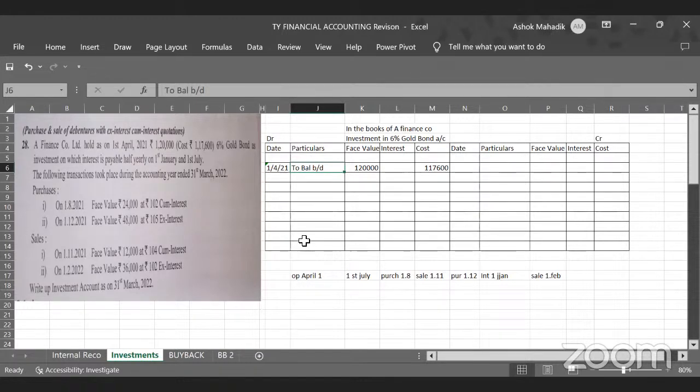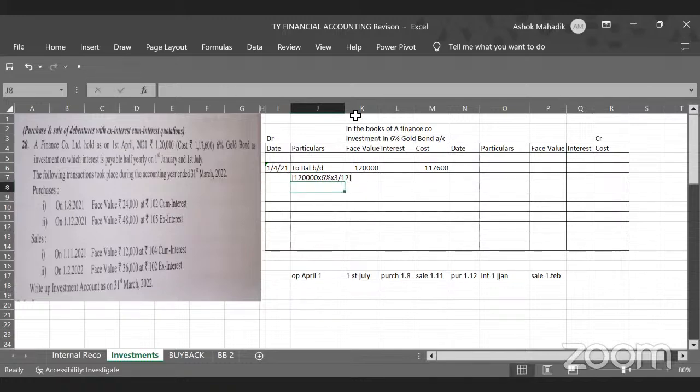Jan, Feb, and March. Don't count April because it's the 1st day of April. So for 3 months, you have to calculate interest. So it will be 1,20,000 into 6% into 3/12.